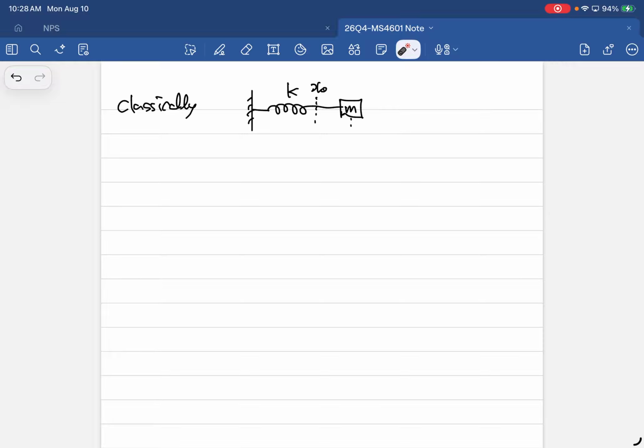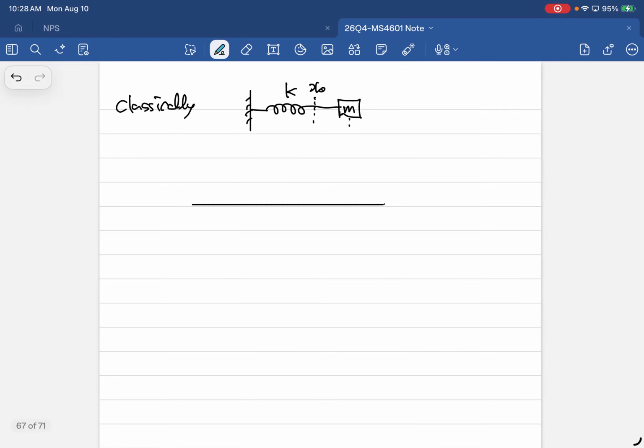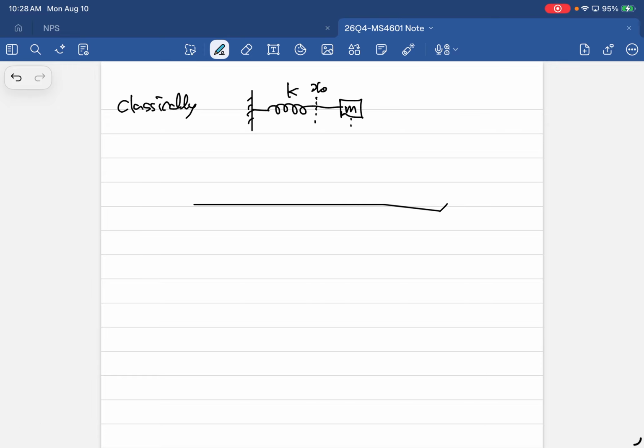If we describe this in terms of energy, it can be drawn like this. Here is the initial point, and the parabola is going to look something like this.